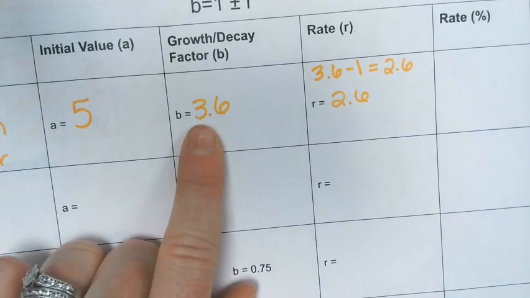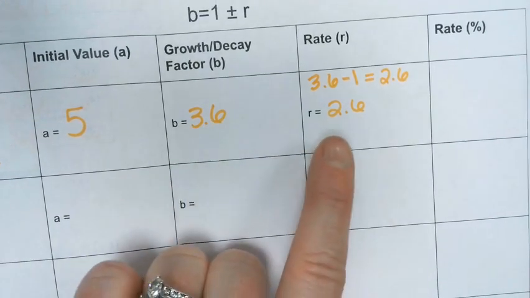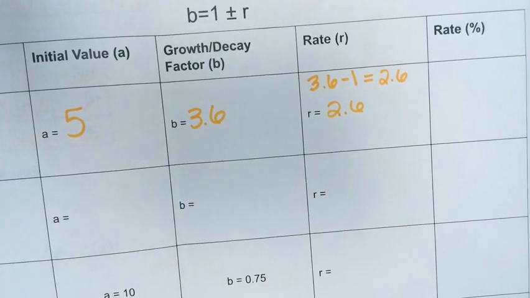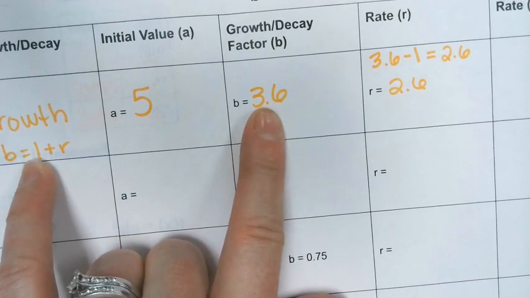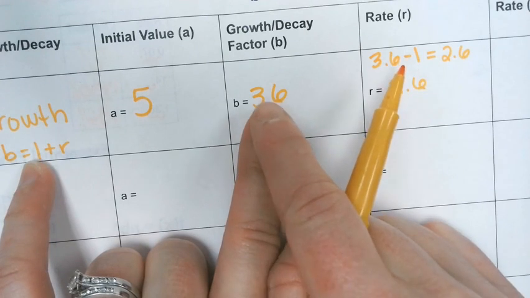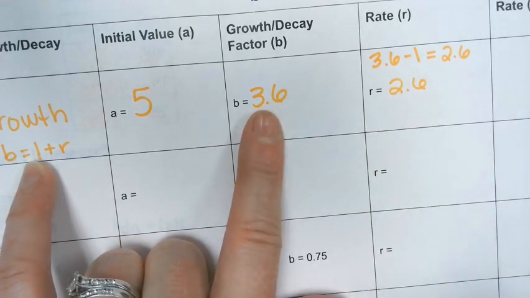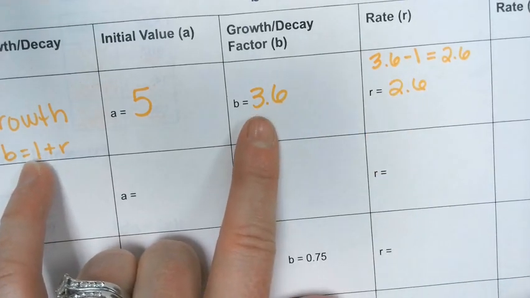This is our growth or decay factor. But to find the rate, you always compare back to 1. How far away is 3.6 from 1? We're going to subtract. So this 3.6 equals 1 plus the rate. 3.6, 1 plus 2.6 to get 3.6.